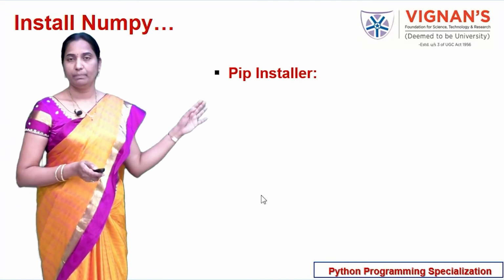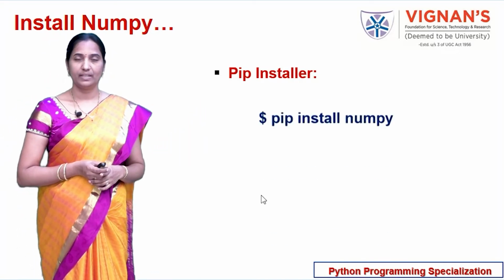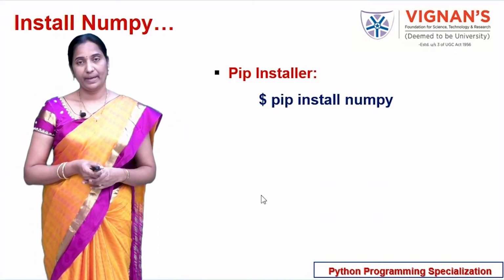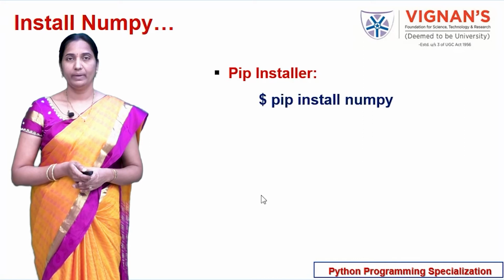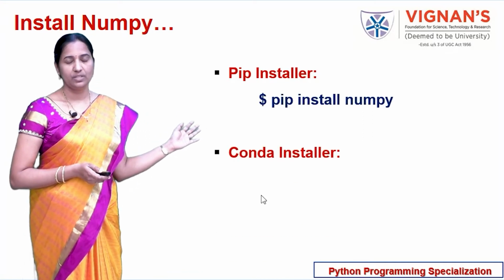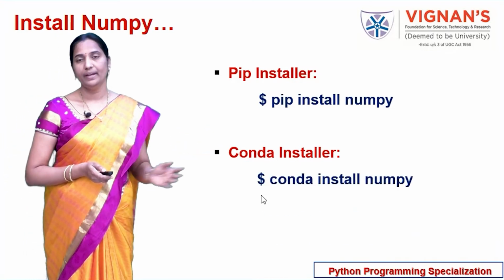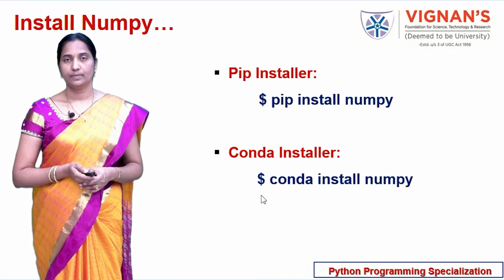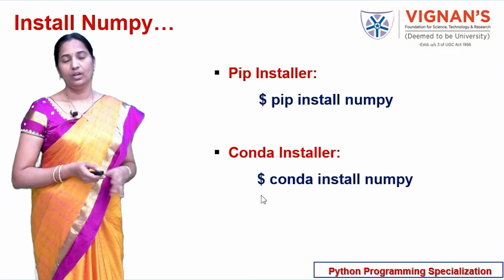Using the pip installer, you can run the statement at the command prompt: pip install numpy. It loads the NumPy package into your Python environment. When you are using the conda distribution, you can use the statement conda install numpy to install NumPy into your environment. That's how it is possible to install NumPy.